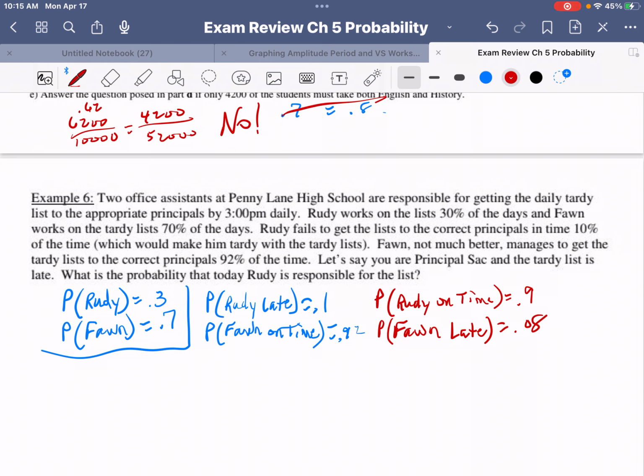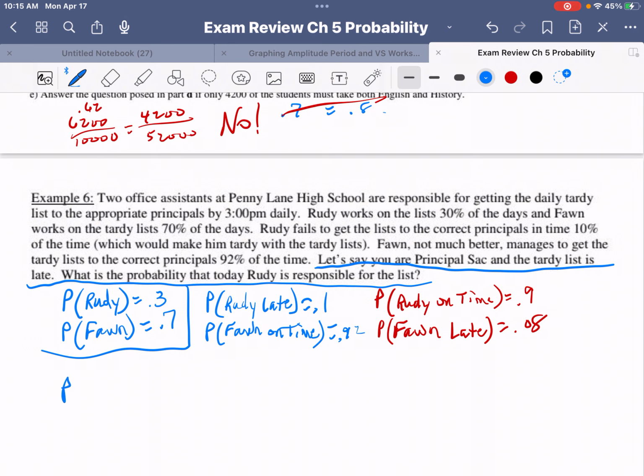Let's say your principal sacks and the tardy list is late. What is the probability that today Rudy was responsible for that list? When I read these last 2 sentences, I have to understand that it's a conditional question. The tardy list is late.